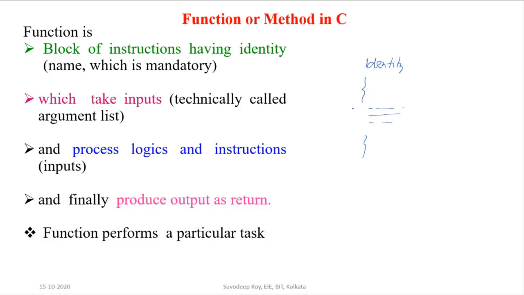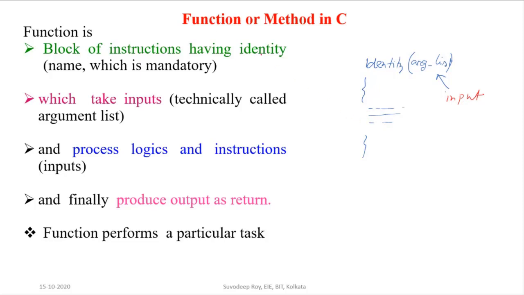A block of instructions having identity which takes input. The inputs will be given here inside the parentheses, and the technical term for this input is the argument list. So it takes input, processes the logic and instructions. These are the different logics or instructions it will process, and ultimately it will produce a particular output as return.